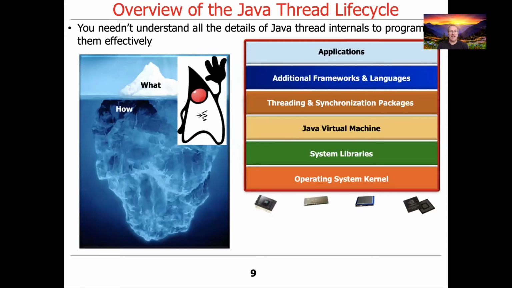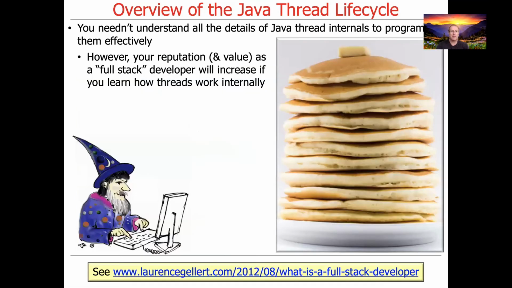Now, again, it hopefully goes without saying, but I'll say it anyway for completeness. You don't have to understand all of these details in order to program threads effectively. However, the more you know about the full stack and understand these things, the more valuable you'll be if you go off and get a job in the computing industry. There's something called the coveted full stack developer who's able to write code at multiple levels, or perhaps all the levels of abstraction.